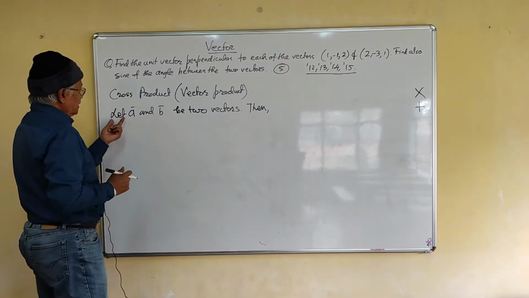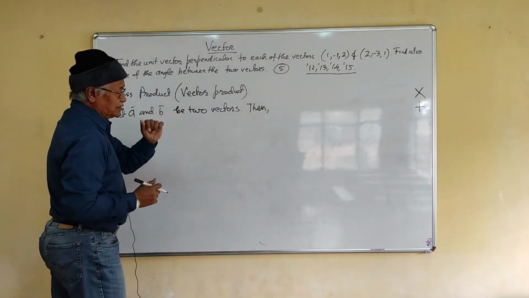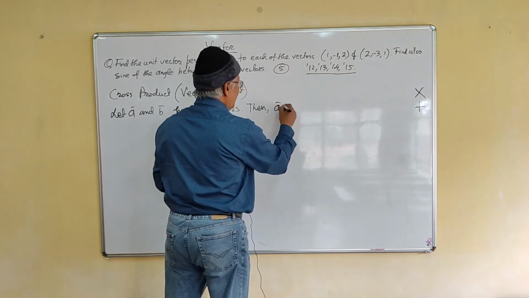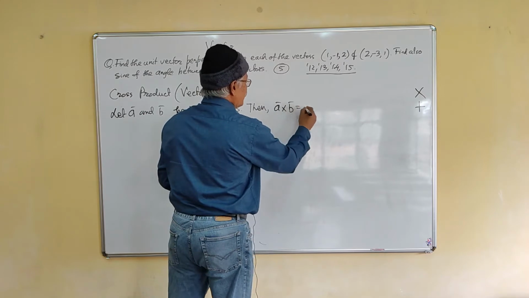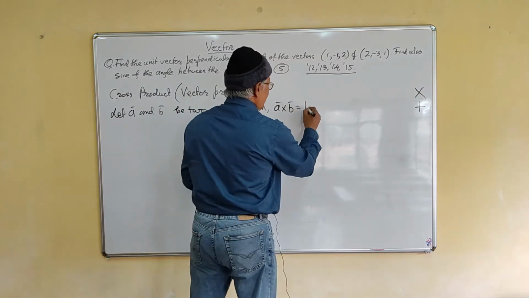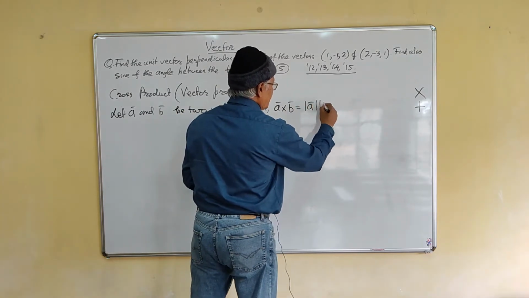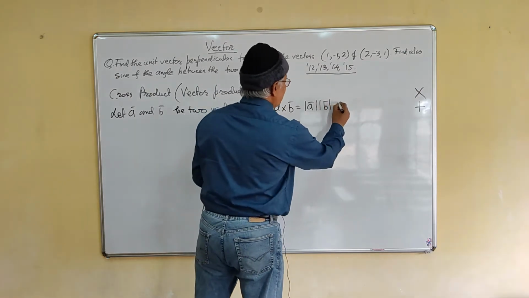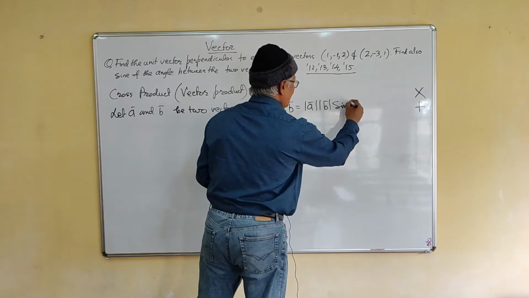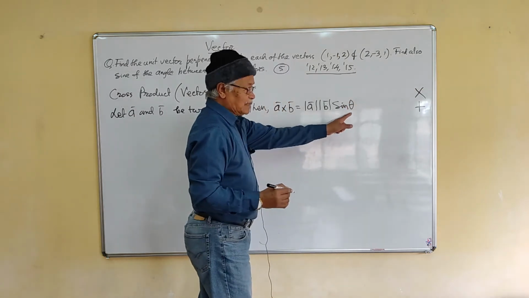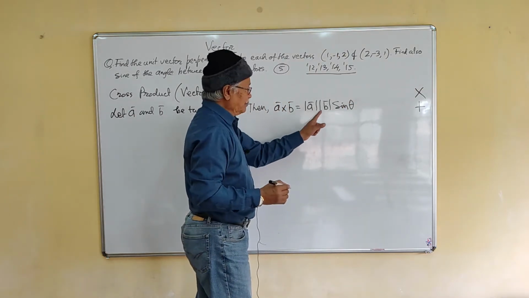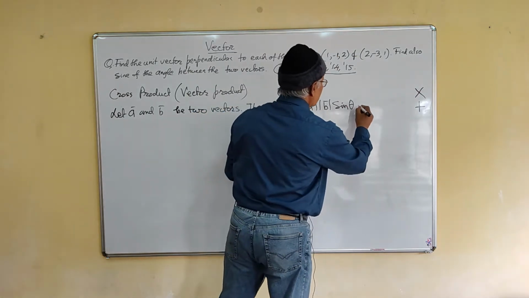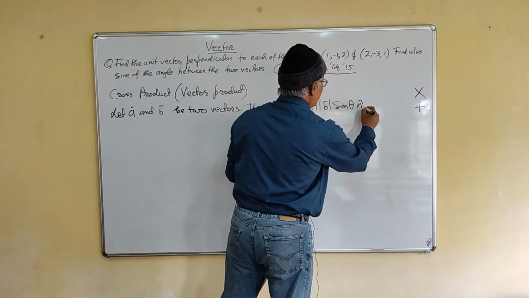So we assume let A and B be two vectors, then A cross B is denoted by magnitude of A multiplied by magnitude of B, and then sine of theta, where theta is the angle between A and B. On top of that, you have n cap.